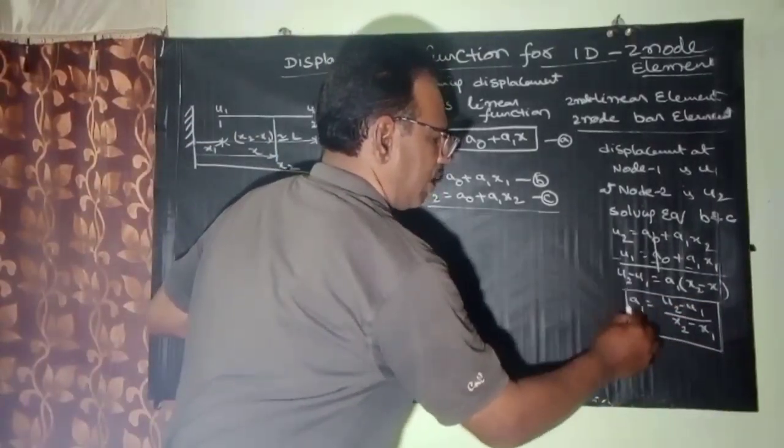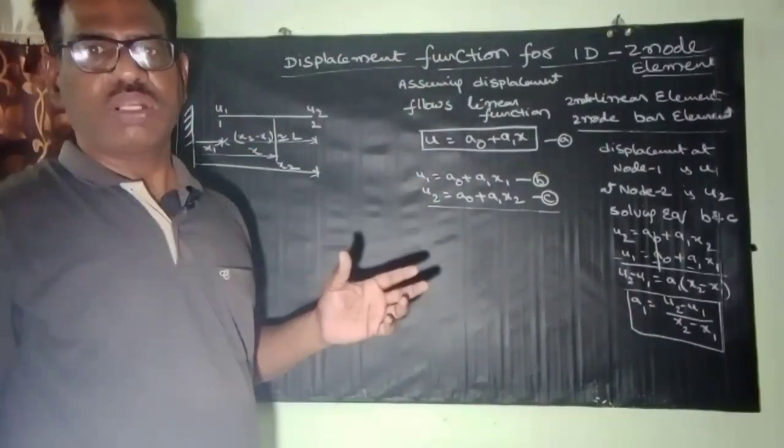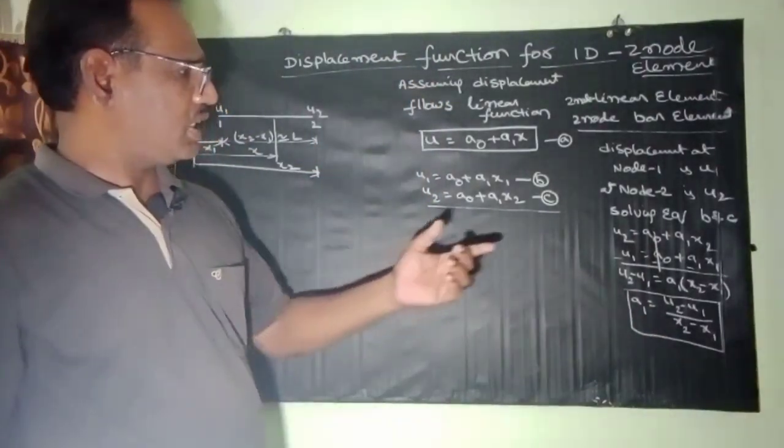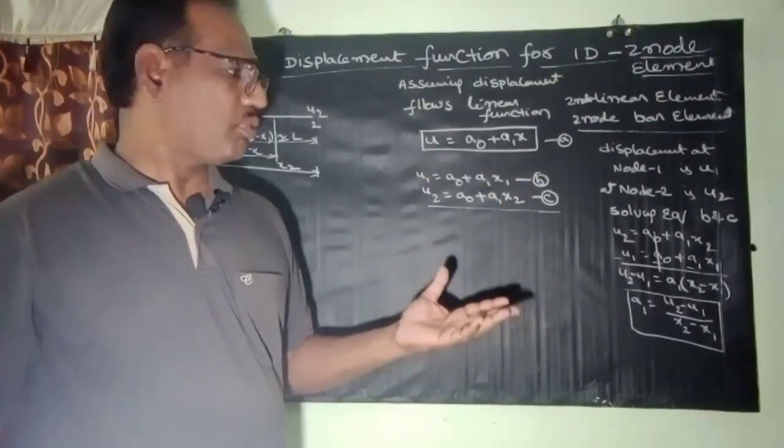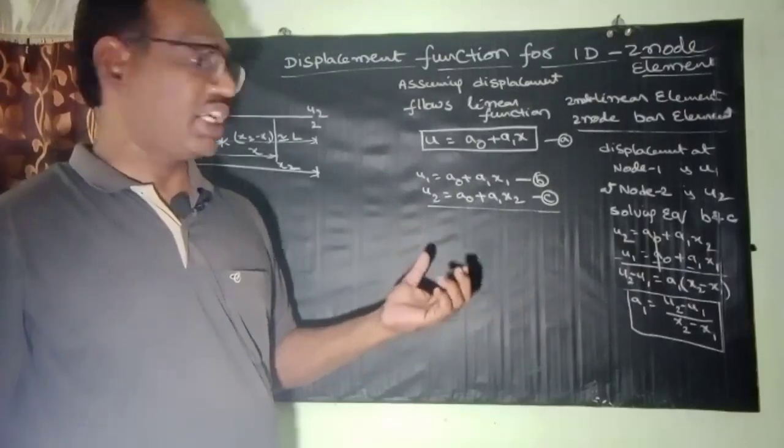Now we have one constant, a1. By substituting the a1 value in either of the B or C equations, we can find the a0 value.